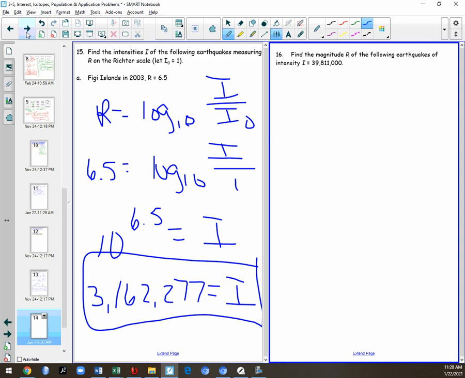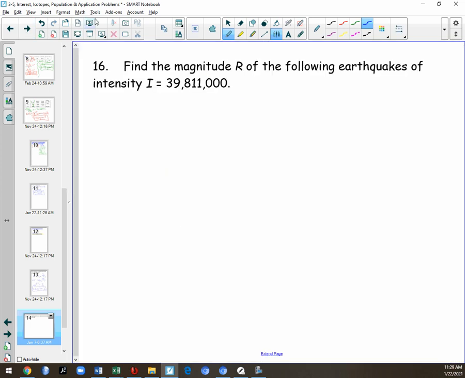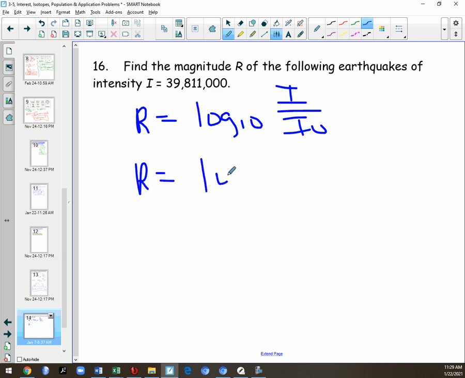Number 16, I give you the opposite of this. So this is going to be R is equal to log base 10 of I over I sub 0. This time they're giving you the intensity, and they want you to find the magnitude. So they give you 39,811,000 divided by 1.